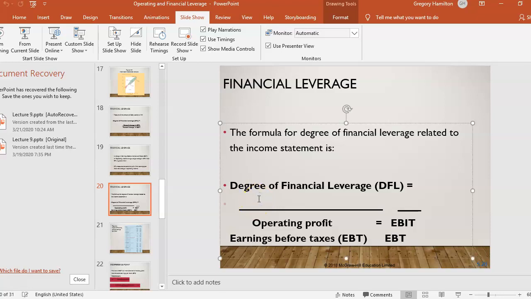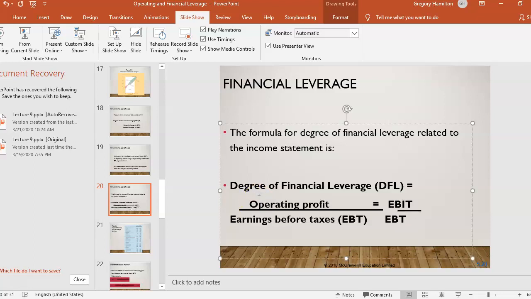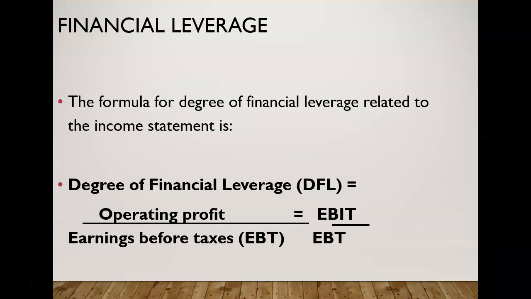There you go. So you can see that our degree of financial leverage is equal to operating profit over earnings before taxes, or EBIT divided by EBT.